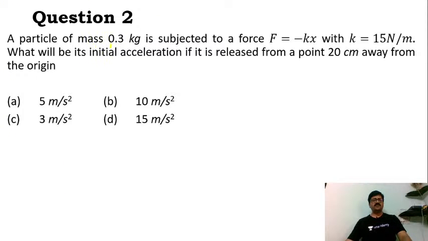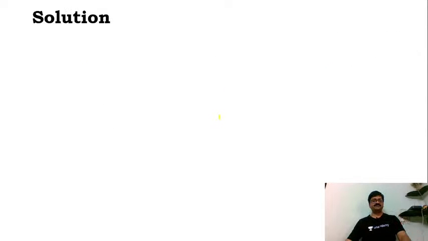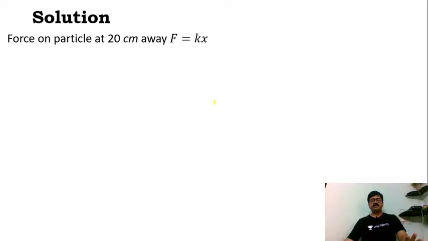A particle of mass 0.3 kg is subjected to a force F equal to minus kx with k equal to 15 Newton per meter. What will be its initial acceleration if it is released from a point 20 centimeter away from the origin? Now in this question, force on the particle at 20 centimeter away will be what?